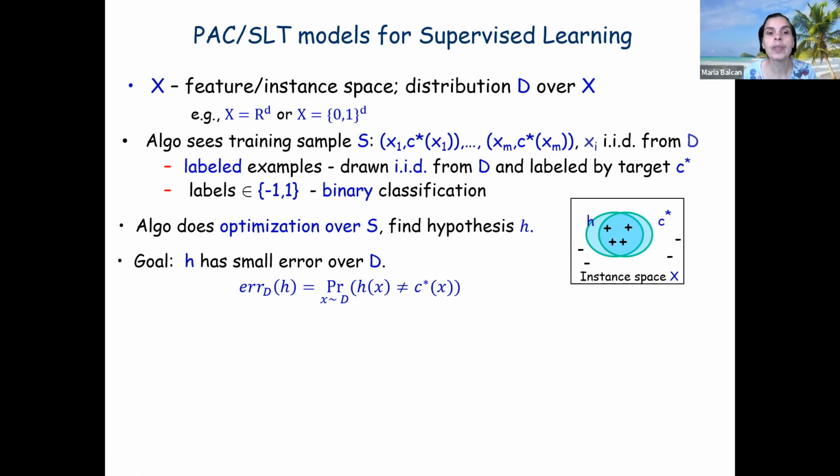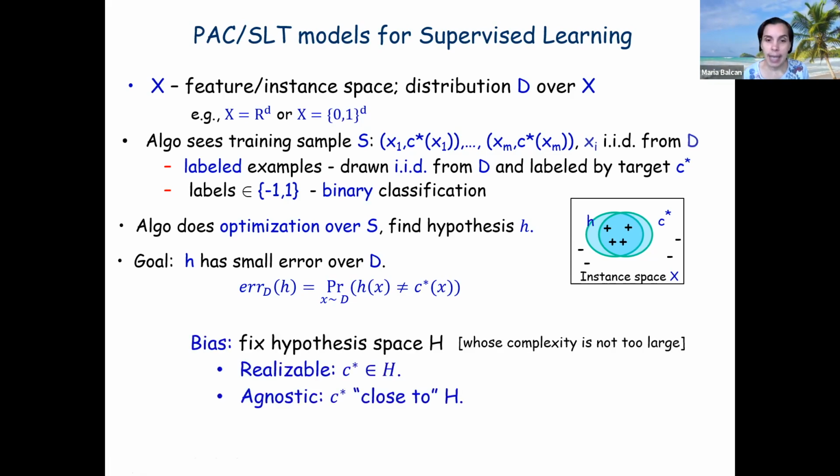As we discussed last time, to achieve this goal, we need to inject some additional bias into the learning problem. In these classic frameworks, we fix a search space, a hypothesis space H, and we try to compete with the best classifier from this fixed hypothesis space H. We want the complexity of this hypothesis space not to be too large.